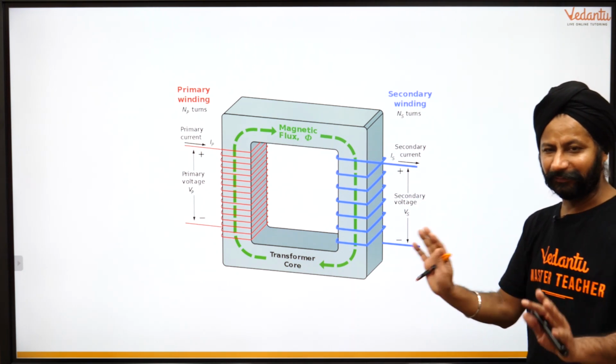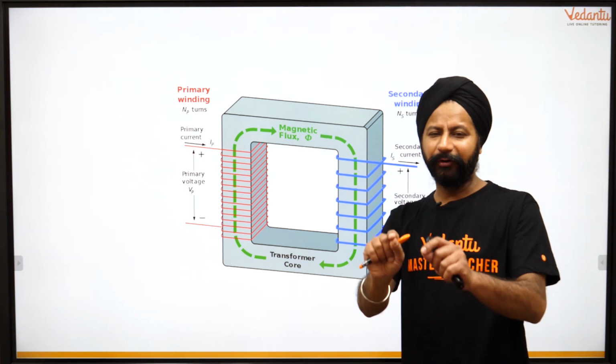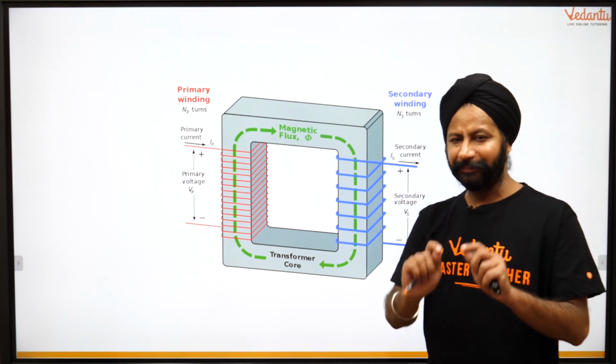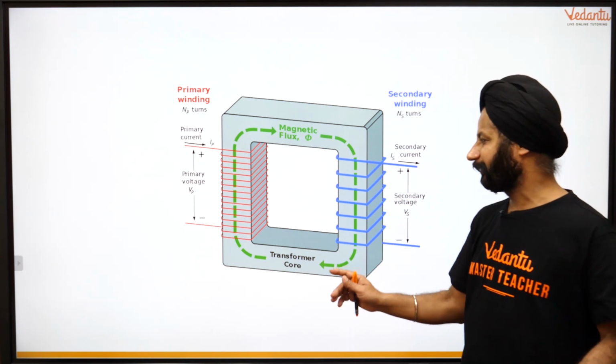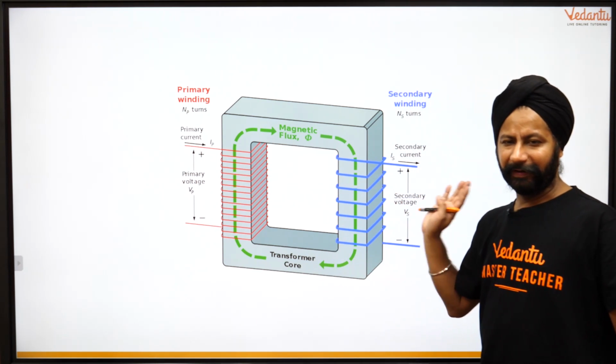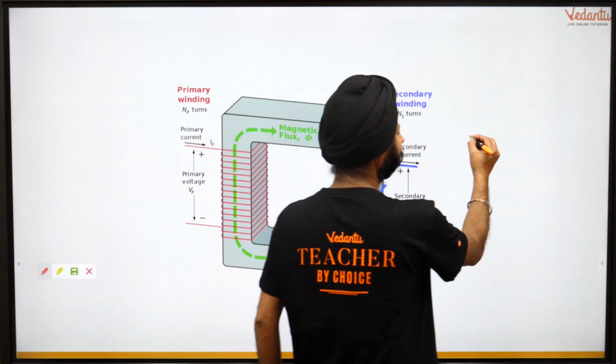That is the transformer. Further to that, energy can neither be created nor destroyed. It can be wasted as heat or whatever. We are assuming for simplicity, it's a 100% efficient machine. No energy is lost. Power here, power here. With that, actually, we don't have much time, but with that, what you're going to get is this simplified version.